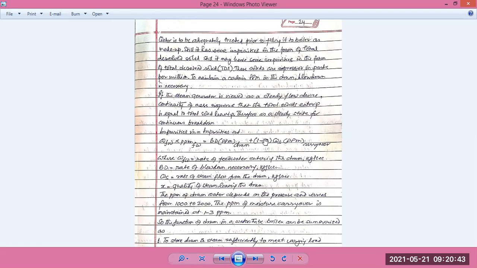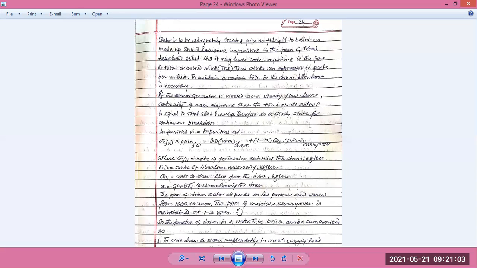So 1 minus x means the amount of vapor or steam-water mixture which is left in the drum itself. The ppm of the drum water depends on the pressure, and it should be from 1000 to 2000 ppm.